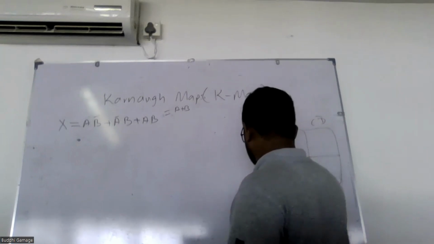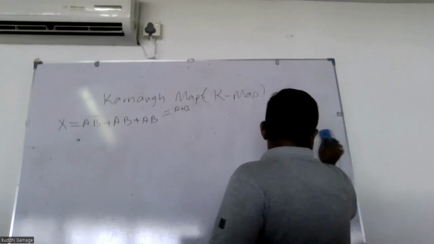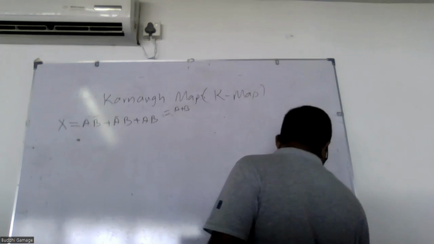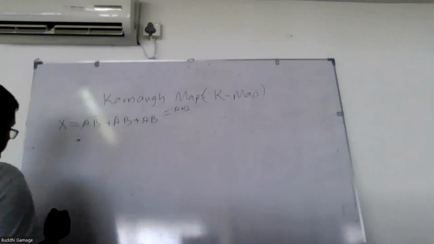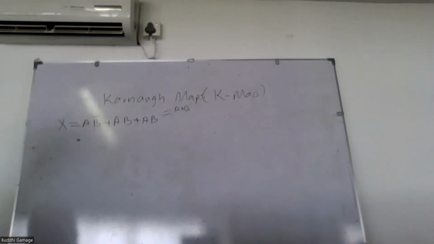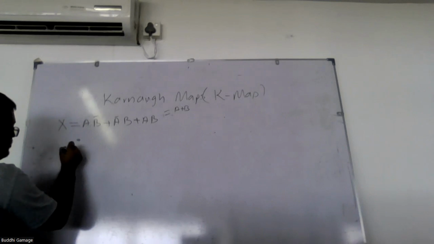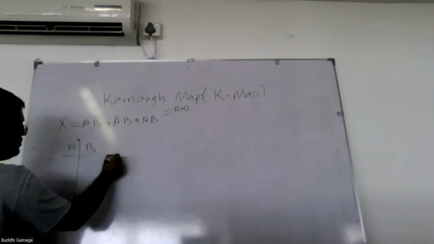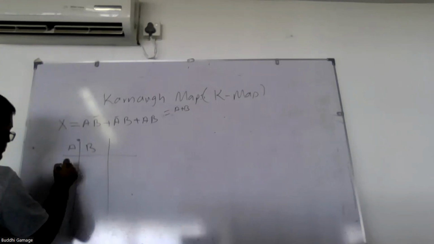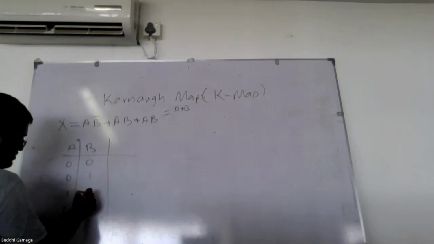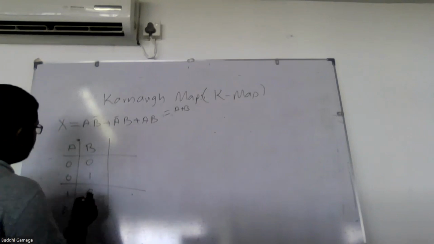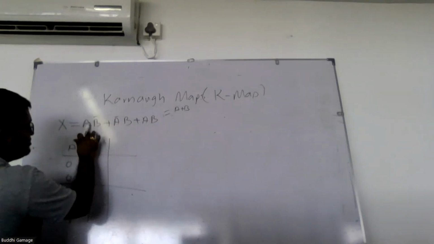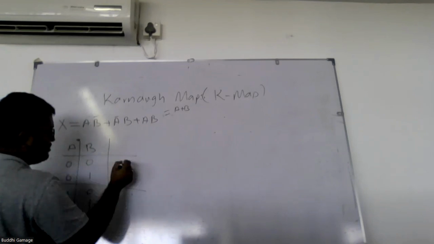So first draw the truth table. The table is A, B, and output: 0 0 gives 0, 0 1 gives 1, 1 0 gives 1. Since A is 0, this is 0; B is 0, this is 0; A B is 0, this is 0.